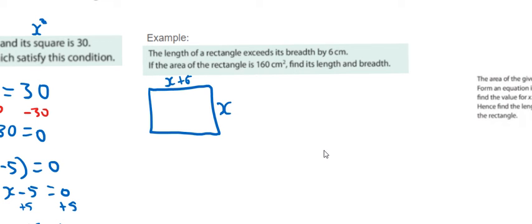So length is x plus 6, breadth is x, and we know that to find the area of a rectangle you do the length multiplied by the breadth, or length multiplied by the width. So all I have to do is x multiplied by x plus 6, and I know that the answer to that has to be 160.